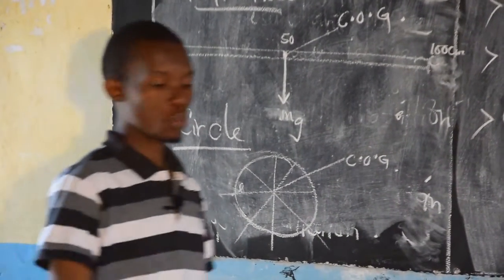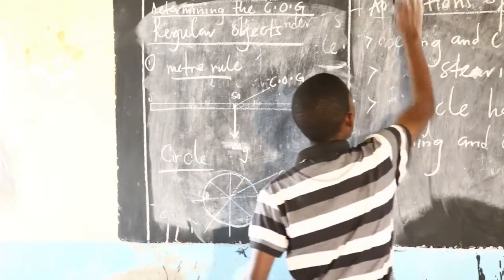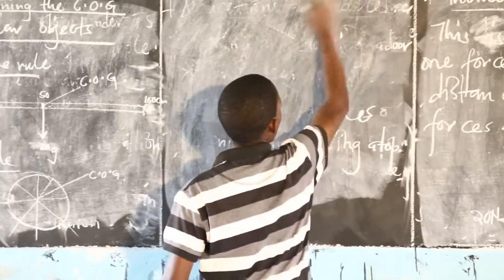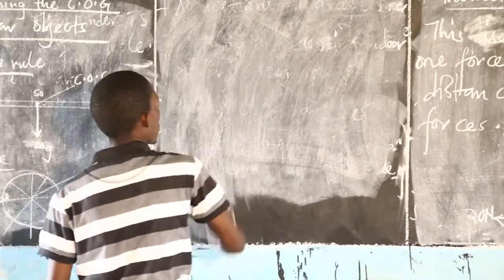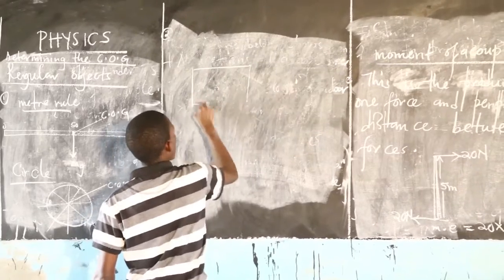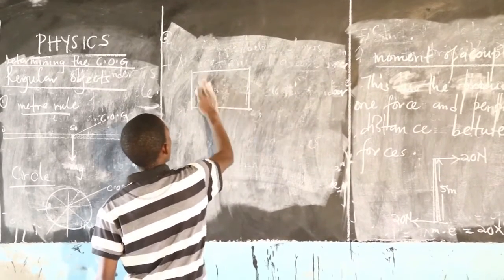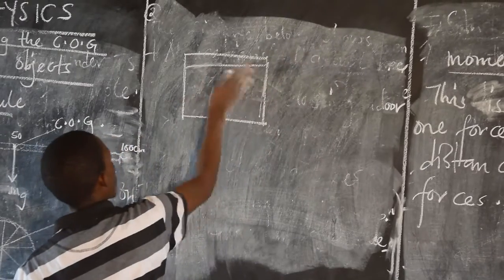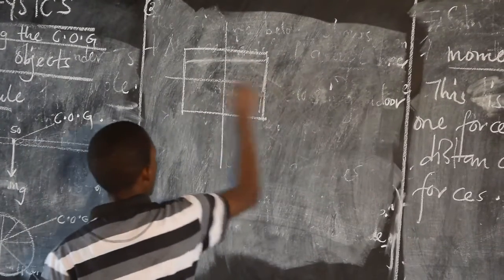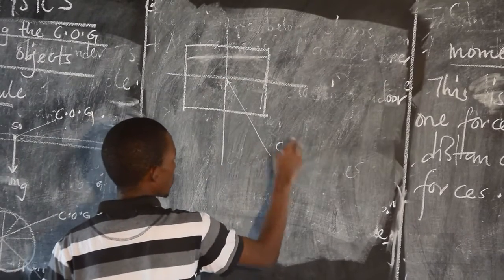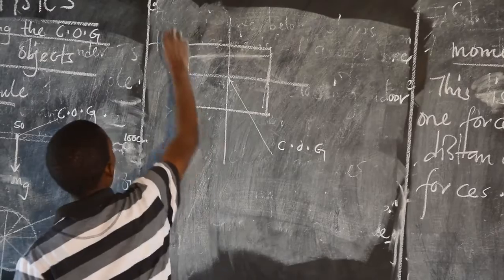And when we talk about the square, we do the same. The square applies the same concept here. This is our square. The moment you draw a trace, this is the center of gravity, COG. Our square.